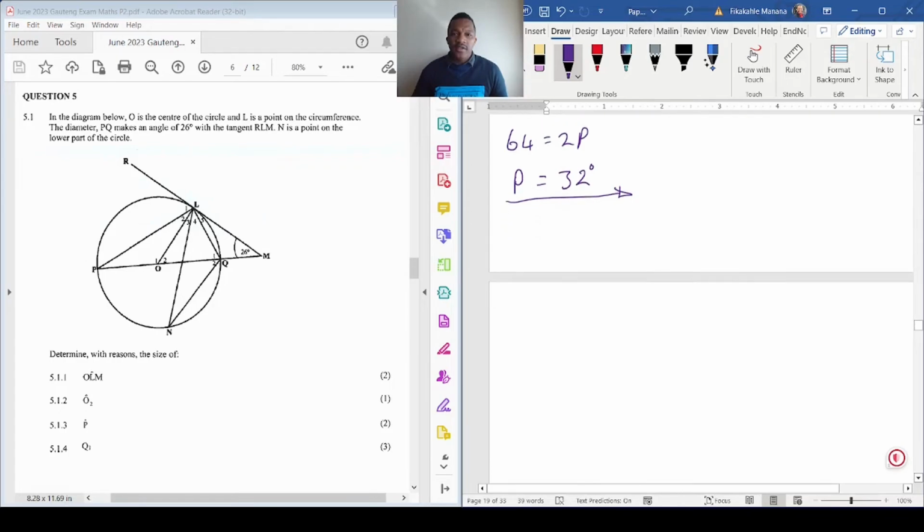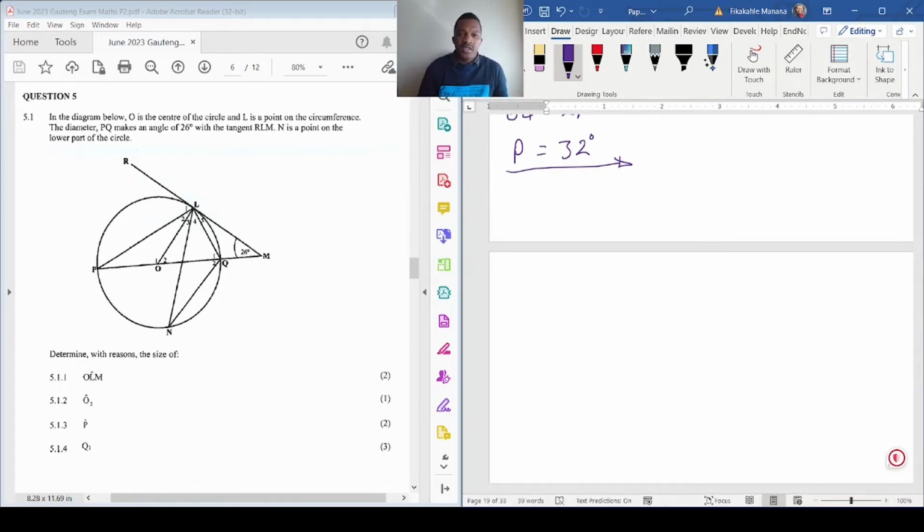Now how does P help us to solve the next one, which is 5.1.4, and they want Q1. Let's check it out. If you look at triangle PLQ, Q1 is there. So we're looking at triangle PLQ. That's what we're working with.